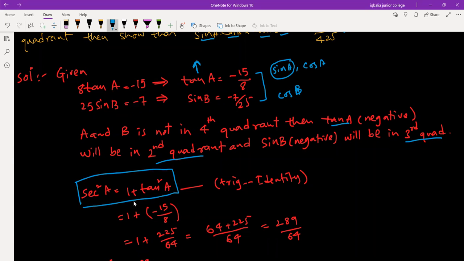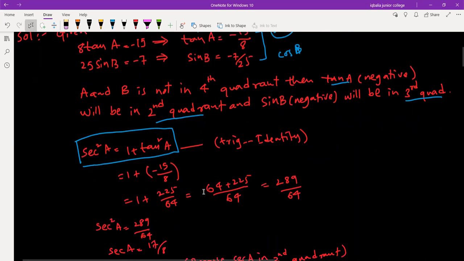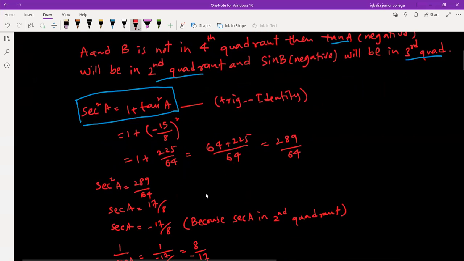So from trigonometry identity I can write sec square A is equal to 1 plus tan square A, and we know the value of tan A is nothing but minus 15 by 8. Okay, then here we have to take square, then take LCM, then you will get sec square A.